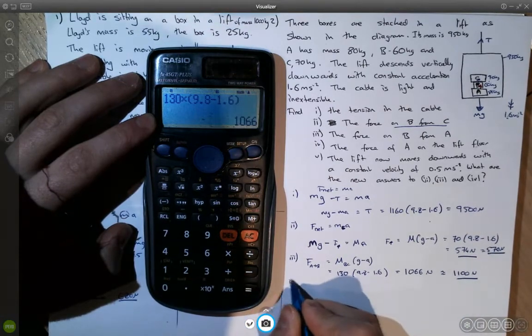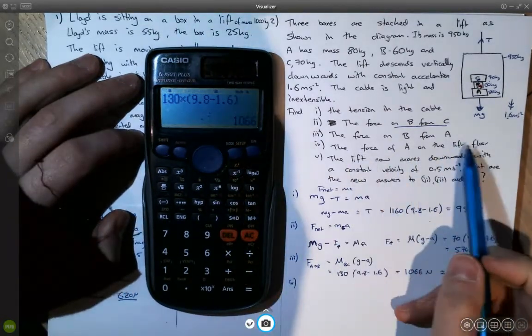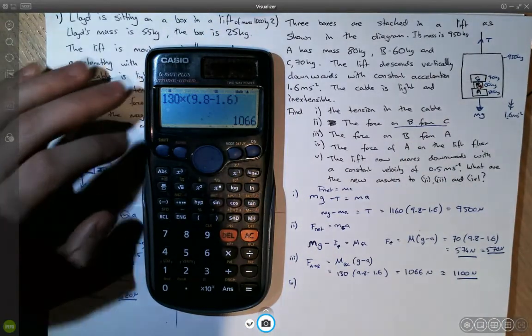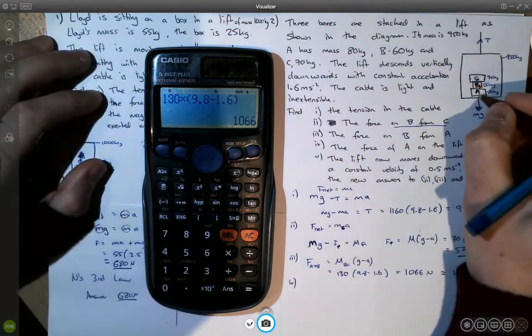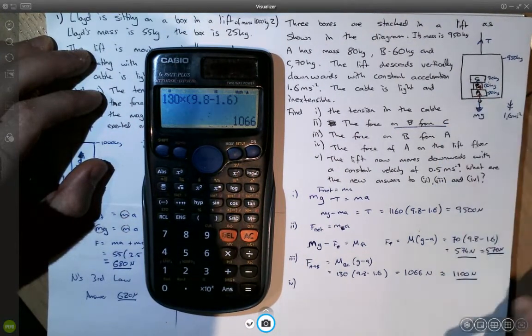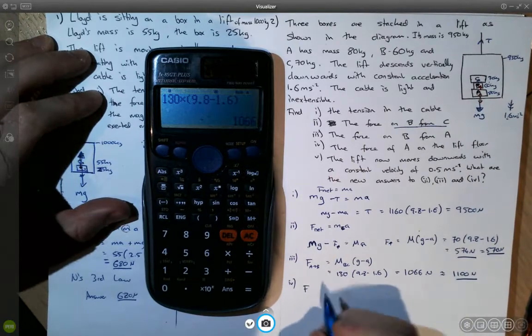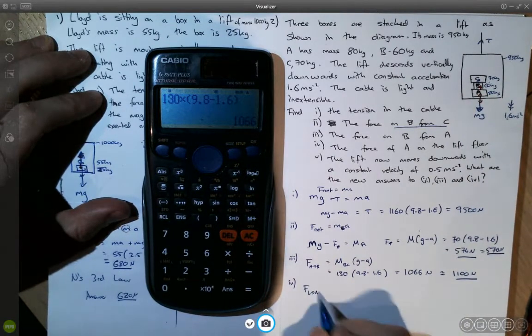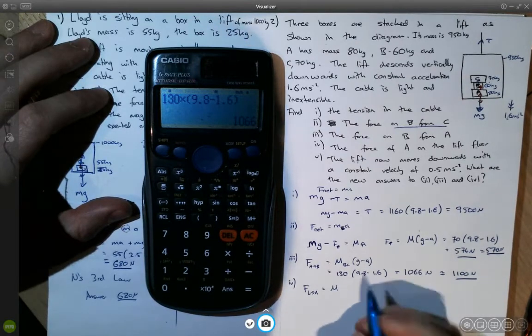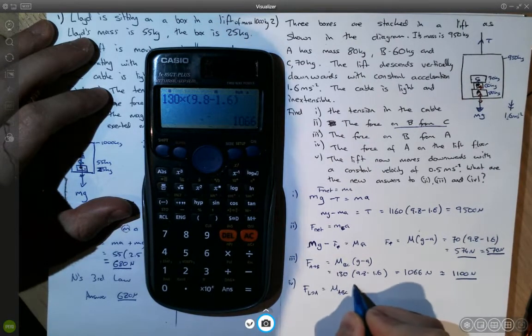Part 4, the force of A on the lift floor. So we're going to repeat exactly the same calculation now, but we're going to work out what this pair of forces is here. So we want the force of the lift on A. It's going to be given by the mass of A, B, C times (g minus a).